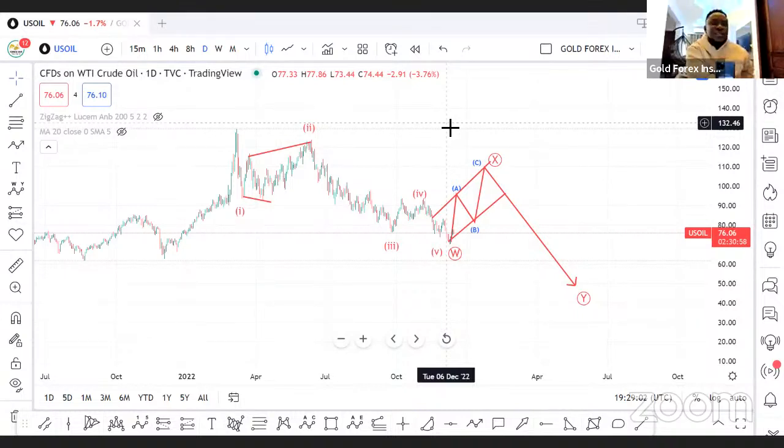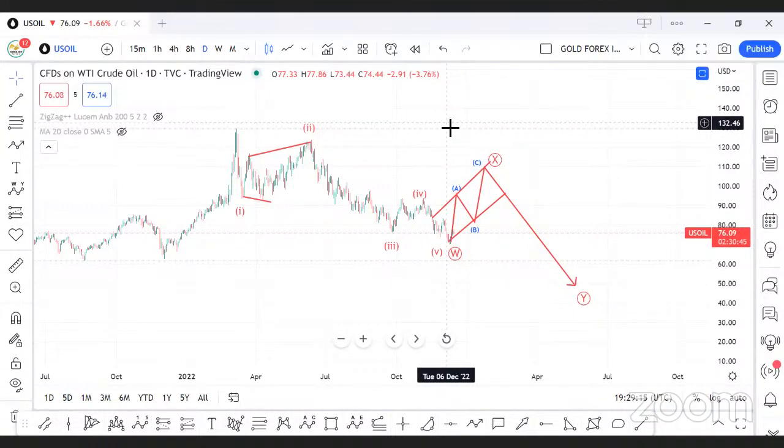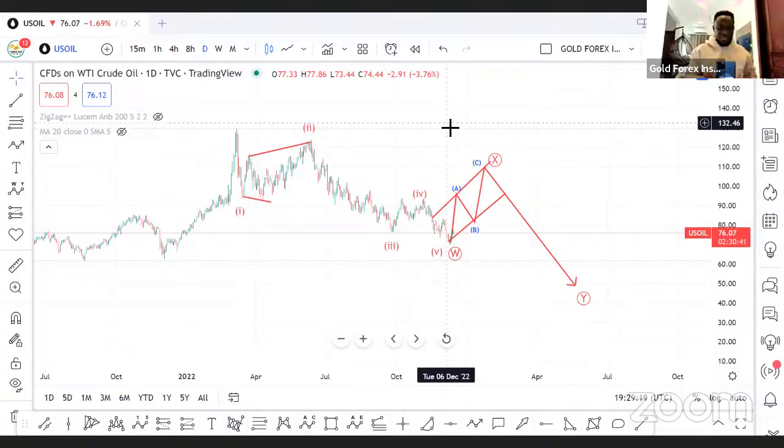But I don't rely on that. The chart will always speak. The dollar will be falling, but it doesn't mean that if it falls, you enter blindly.